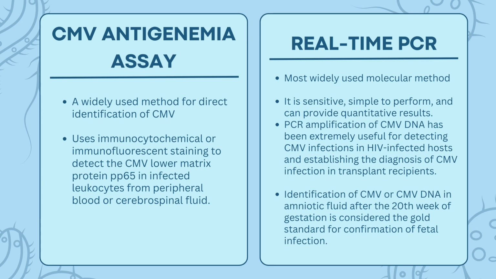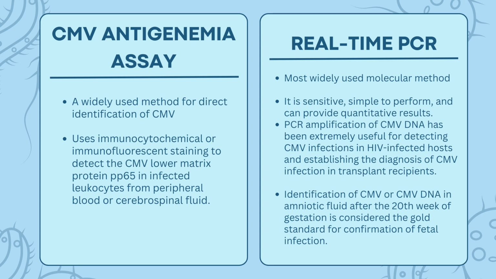Although the antigenemia assay and shell vial culture methods are sensitive, specific, and rapid, they are labor-intensive and require personnel with expertise in performing and interpreting this test. For these reasons, they are progressively being replaced with molecular methods that detect CMV DNA or mRNA.